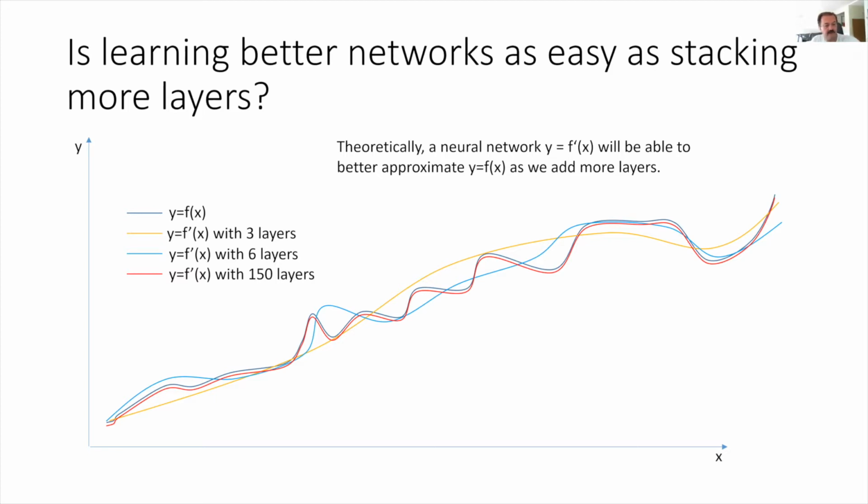Here you can see I've tried to draw it out. You have some function y equals f of x, which is represented by the dark blue line, and it's wiggling away. When you try to approximate that with a very simple neural network with just a few layers, you get a rough approximation, which would be the orange line.